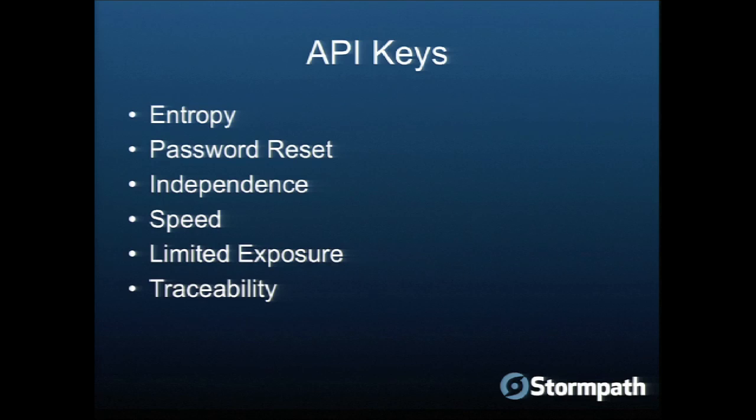For example, in Stormpath, if you use an API key to access our service, you download that API key to your file system, and it's stored securely there. We don't ever advocate copying and pasting keys into code, and everything should be external to the code base. So you can get limited exposure based on API keys, where copying and pasting values might not be a good idea. If you have questions about this stuff, let me know after the presentation.